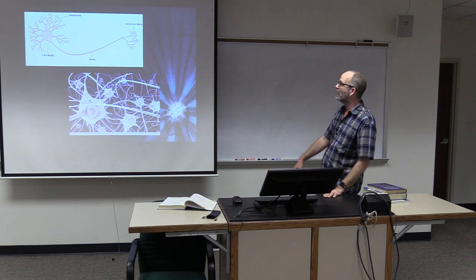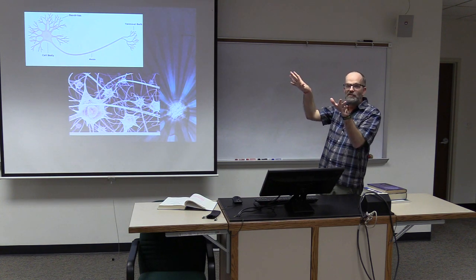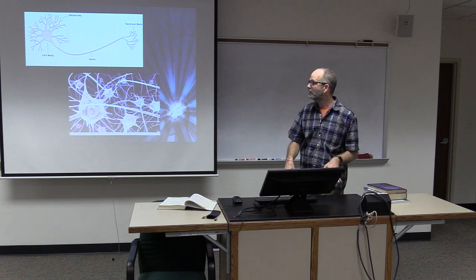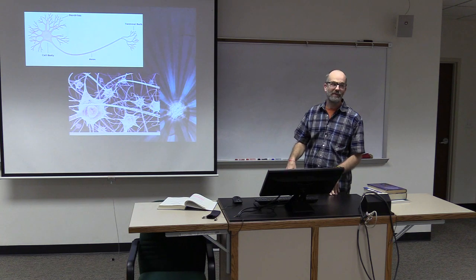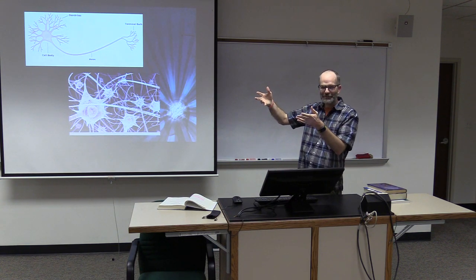If you've had a biology class, you might recognize a cell like this one here. It has a cell body on the top picture on the left, and it has a bunch of little finger-like things that stick out. They're called dendrites. And the whole idea is that the dendrites receive some kind of information signals from other cells.